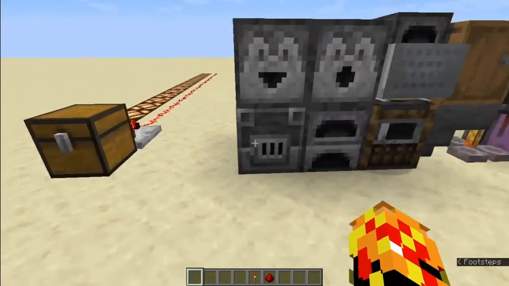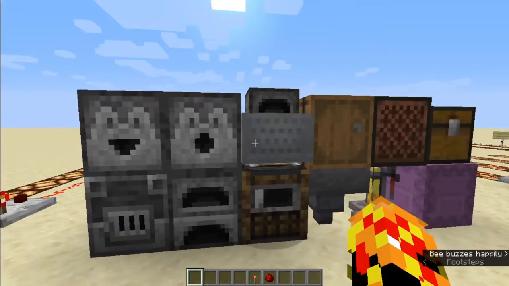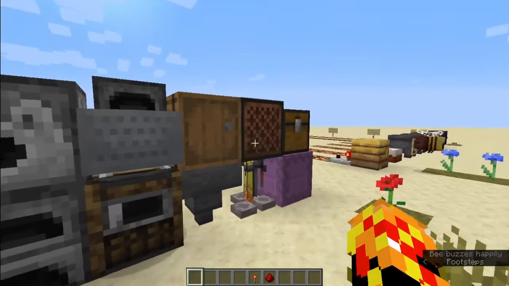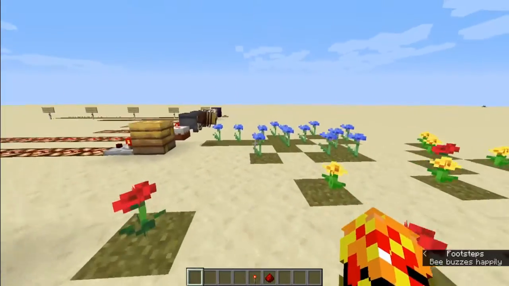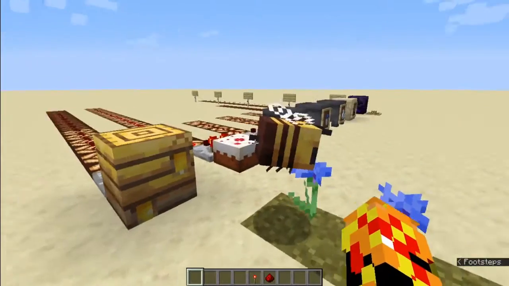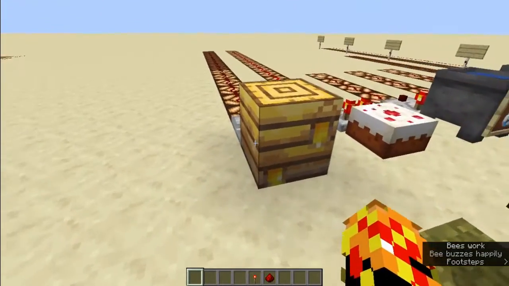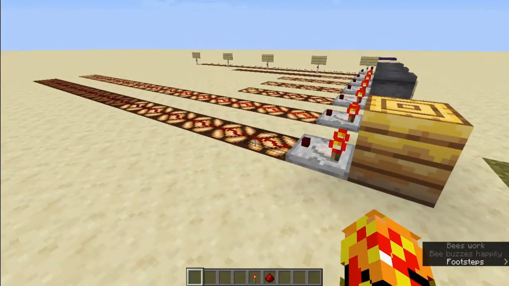The same rule applies for droppers, hoppers, trapped chests, shulker boxes, and all the other blocks shown over here. There are also some blocks that show these comparison mode outputs in a different way. So let us see them one by one.